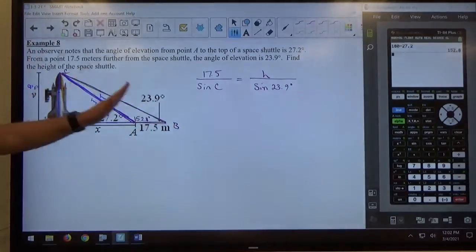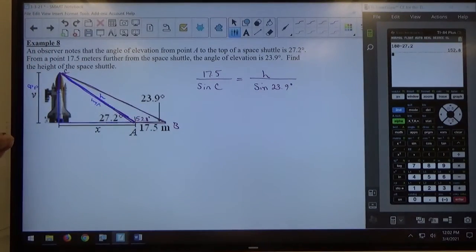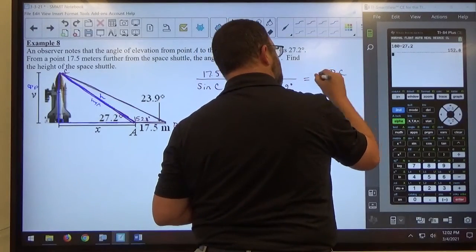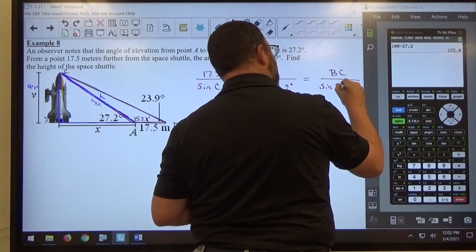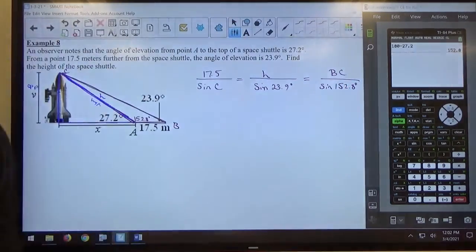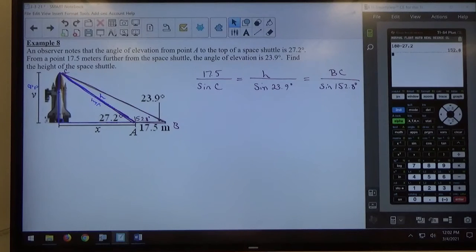And that would be equal to whatever BC is over the sine of 152.8 degrees. Just with the angle, side, angle information I'm given, I know that much about this picture, right?